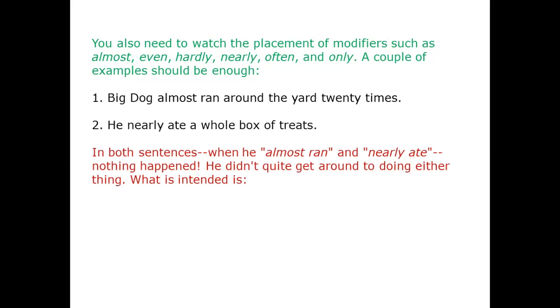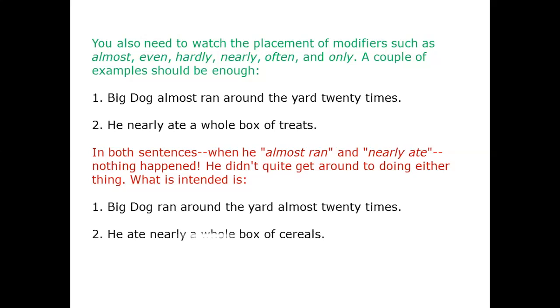He didn't quite get around to doing either thing. What is intended is: big dog ran around the yard almost 20 times. So almost comes before the number of times. He ate nearly a whole box, to modify the word box here. Absolutely.